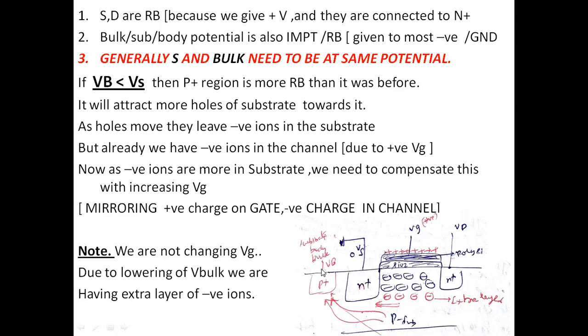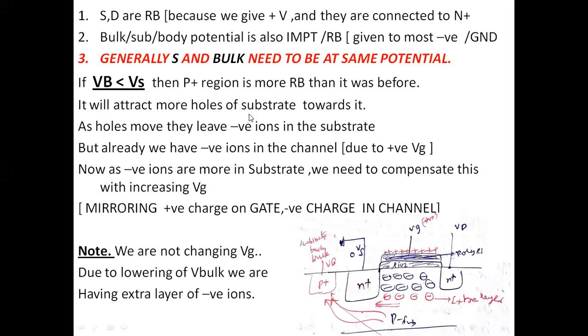If the bulk potential is less than the source potential, it will affect the attraction of more holes of the substrate towards it. As the bulk voltage is less than the source voltage, it will attract more holes of the substrate towards it.